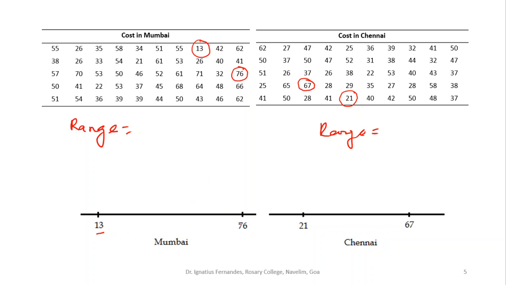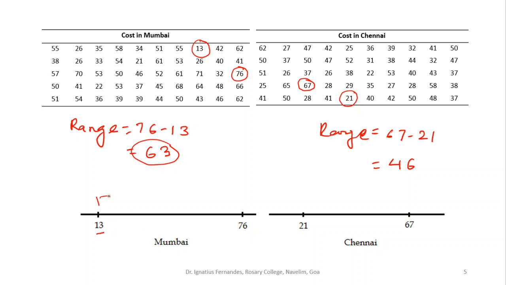Now if I have to find out the range, we have already seen that the range here is 76 minus 13, which is 63, and the range here is 67 minus 21, which is 46. So now after we have found out the range, for Mumbai it is 63.